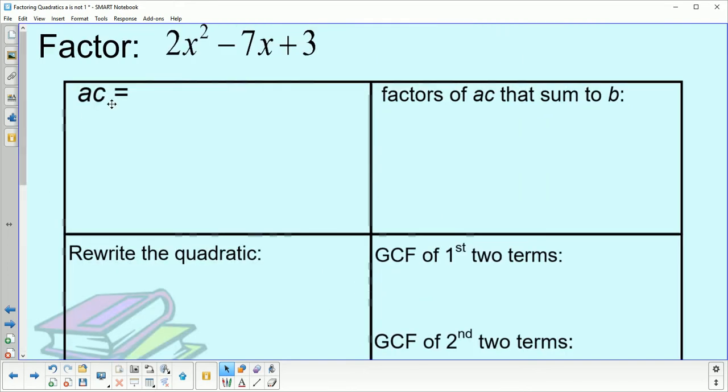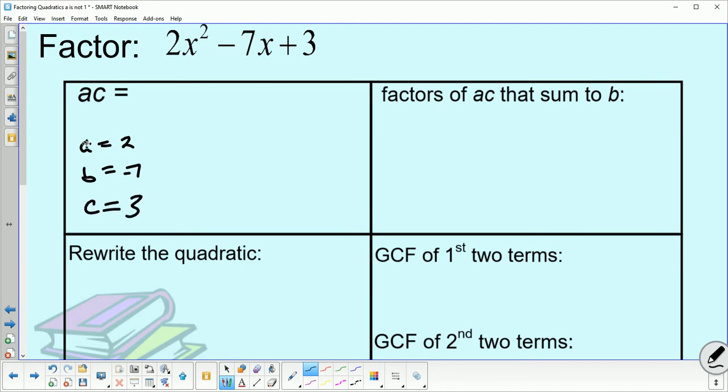Let's look at an example then. If we take that one we already talked about. So we know that A is 2, B is -7, and C is 3. So if we take A times C, 2 times 3 is going to give us 6. Okay, and we're looking for factors of 6 that add up to -7.